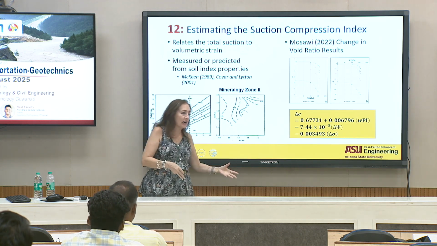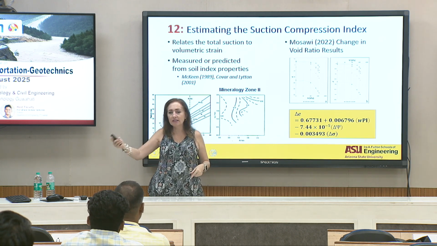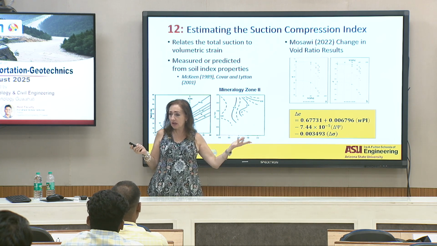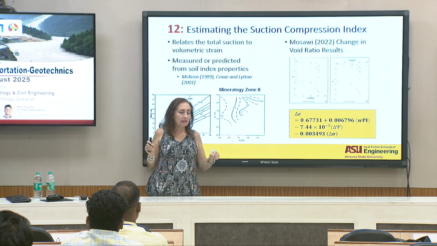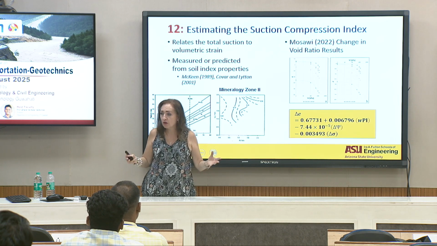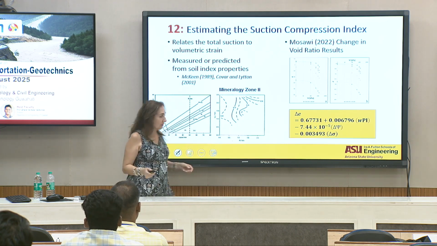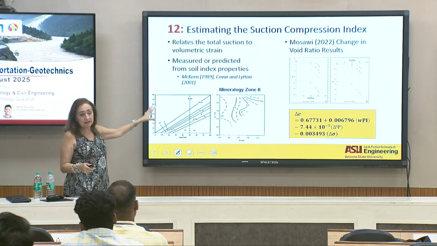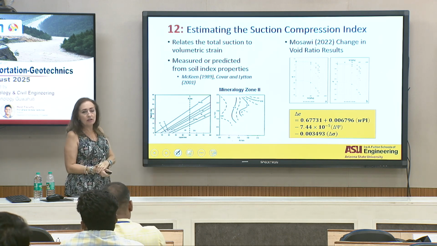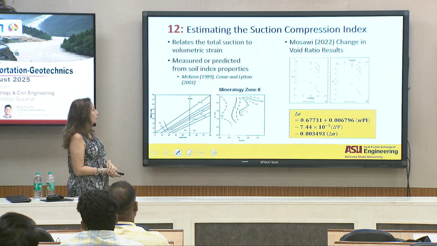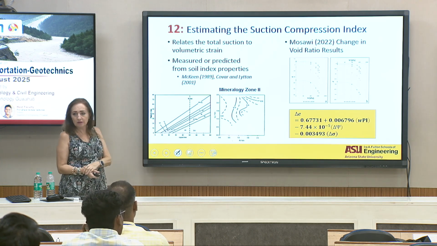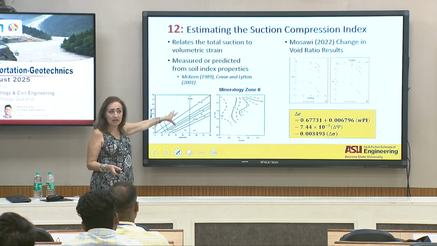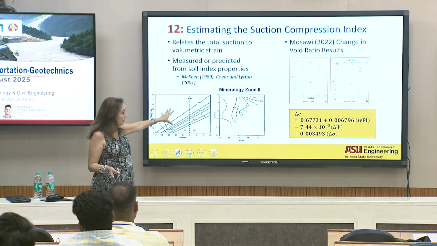If you've got more PI, passing 200, clay, you use all of these parameters as we saw yesterday in our lecture for problem soils, so you can actually estimate some volumetric strain going on in there, all right? That work is available and is being used. It has been used for the last 35, 40 years in the United States, mostly in Texas, and in Colorado, where we have a lot of expansive soils.